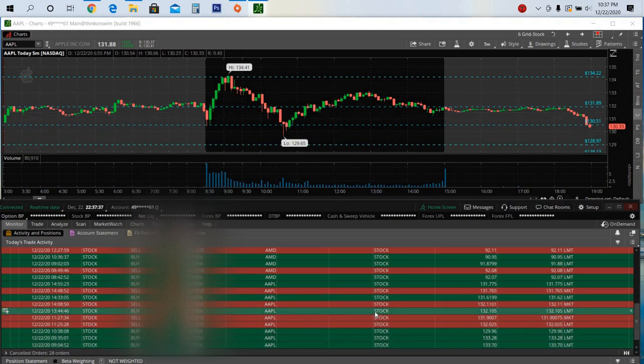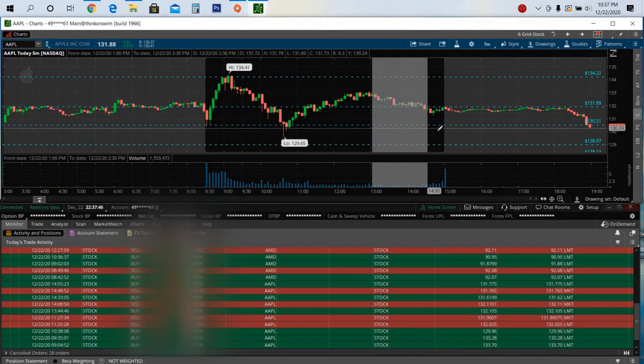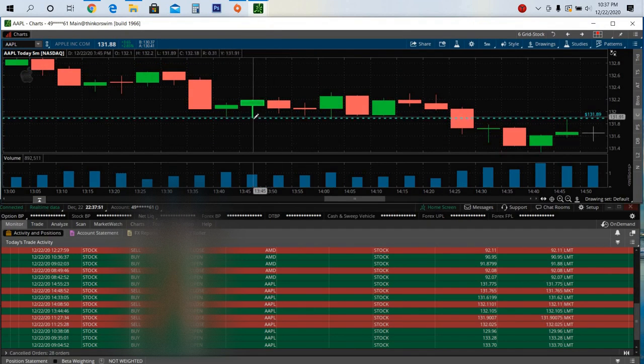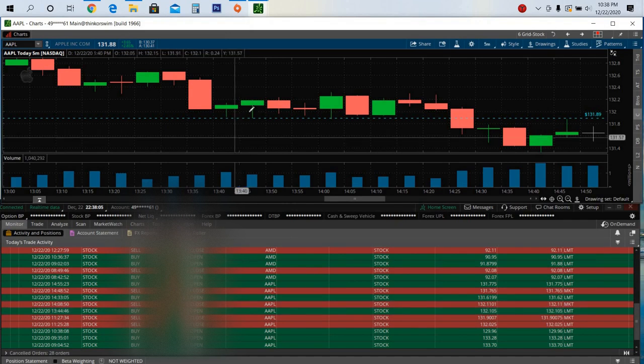Then I waited for it, and around 10:44, which is here, I'll zoom in here, 10:44 on this candle, I added, as I saw it bouncing from this support, I added at 132.10, and then the next candle, I think I didn't take it off on the next candle.